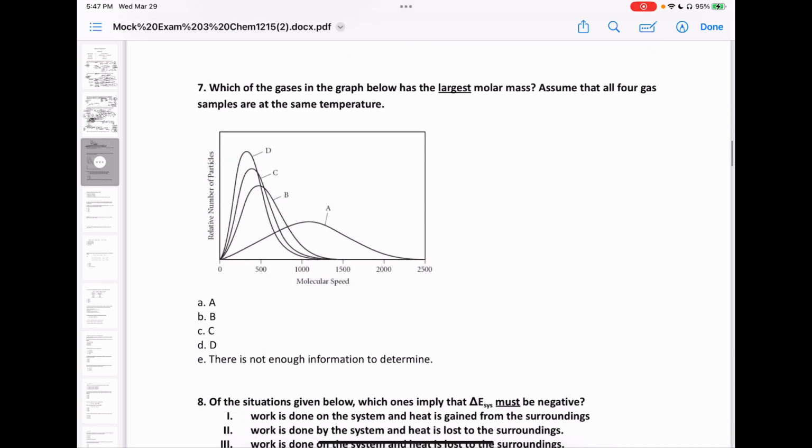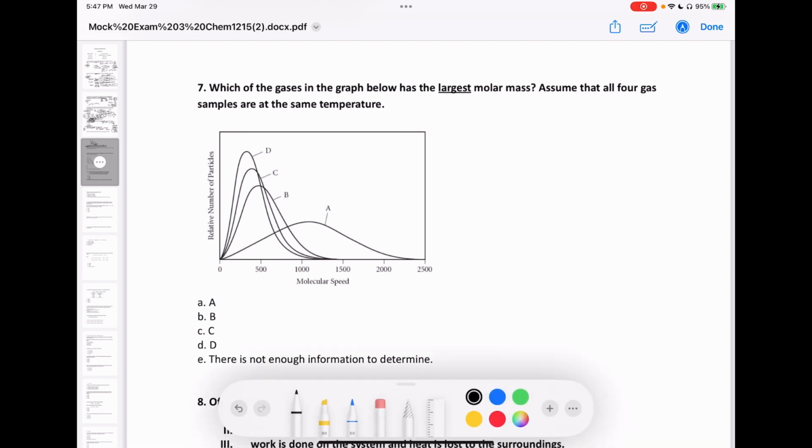Which one of these gases in the graph below has the largest molar mass? Assume that all four gas samples are at the same temperature. And this is, I think, from that same worksheet. I don't know if you guys remember, but v_rms is equal to the square root of 3RT over molar mass.